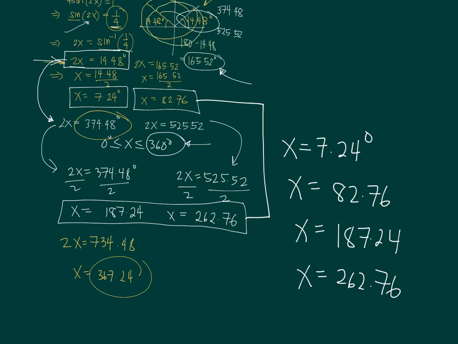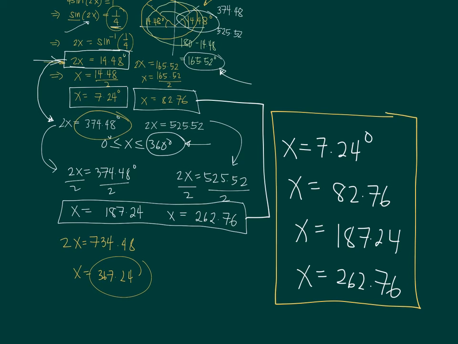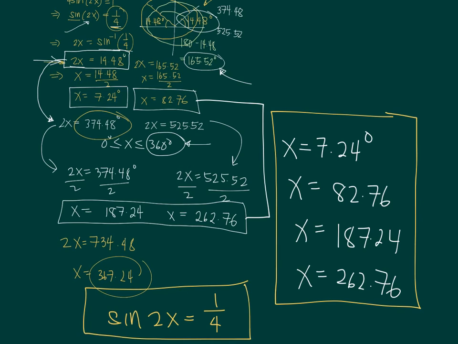So these are the four values of x between 0 and 360 that will satisfy sine 2x equals 1/4. The meaning of that is, if you place each x here and compute for the sine, then you will get the value 1/4.